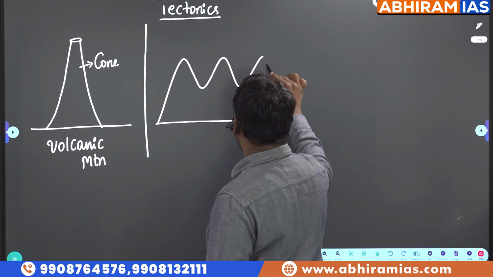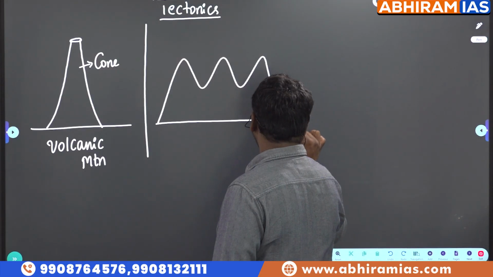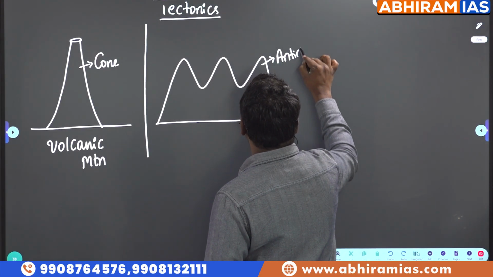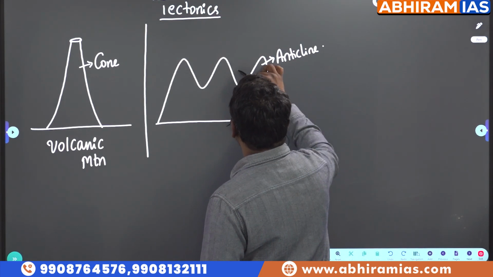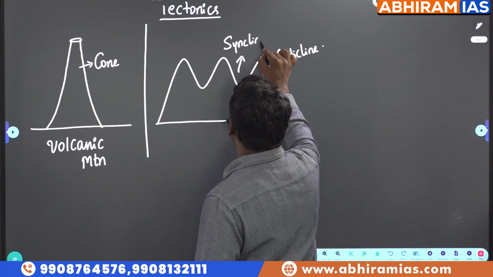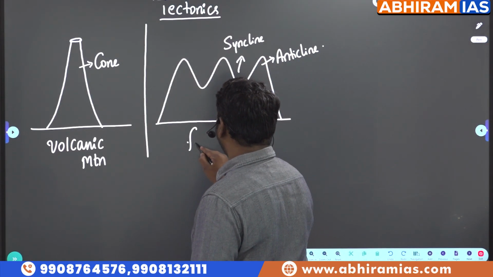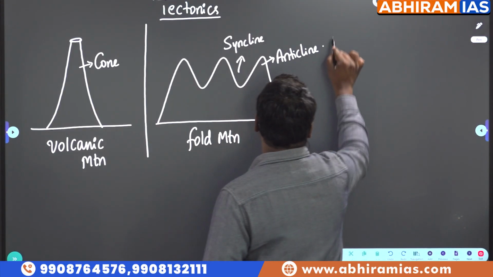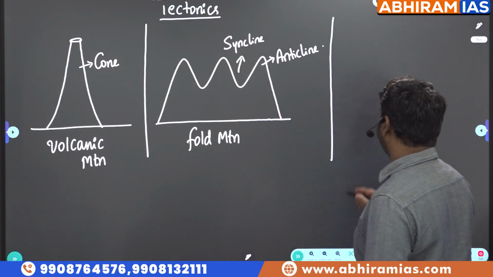If it is in the form of anticline and syncline, then it is called fold mountain.